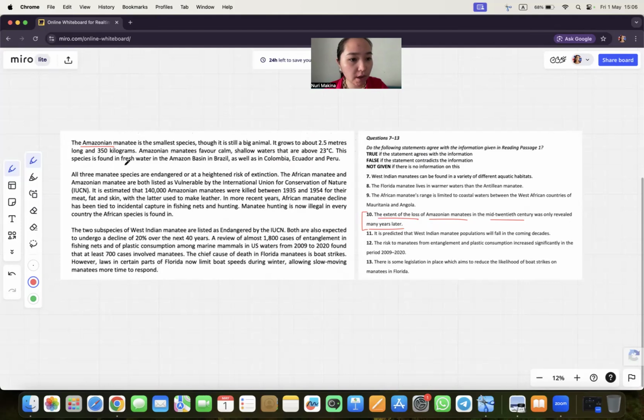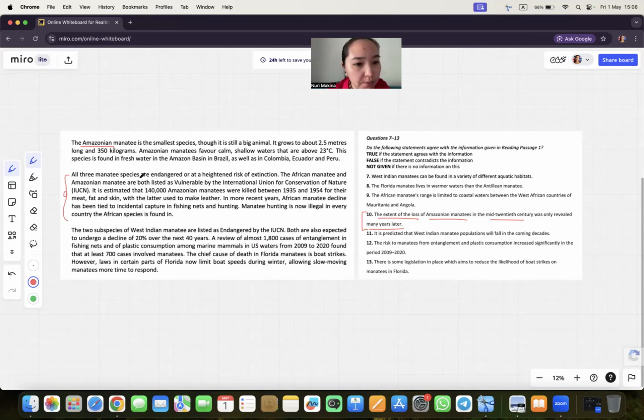This species is found in fresh water in the Amazon basin in Brazil, as well as in Colombia, Ecuador, and Peru. Okay. Do we have anything about the loss of Amazonian manatees in this body paragraph? No. So that means we're going to keep reading from this one as well.